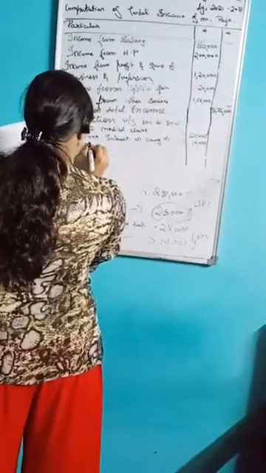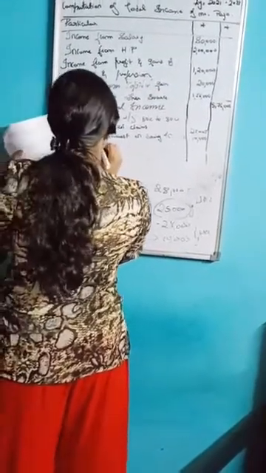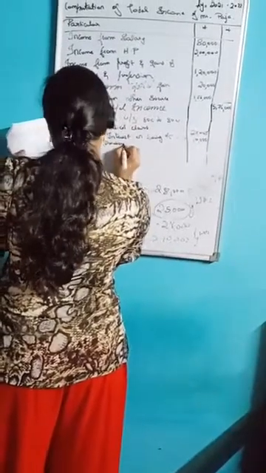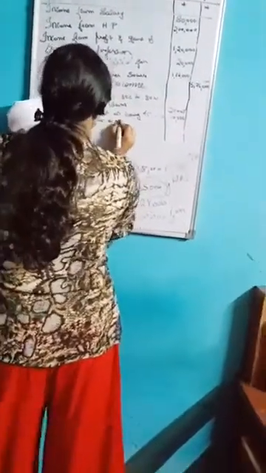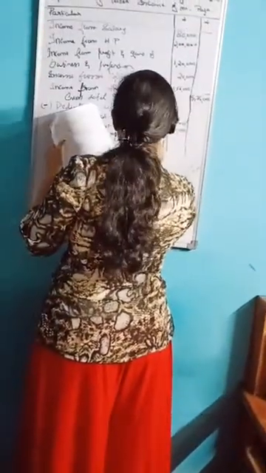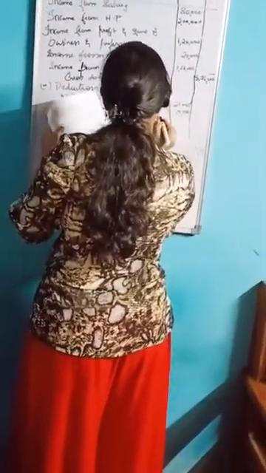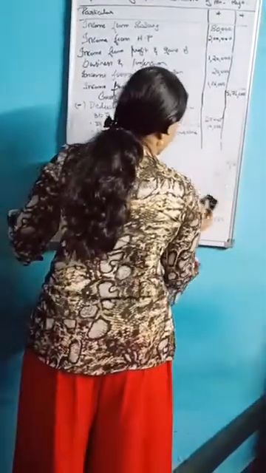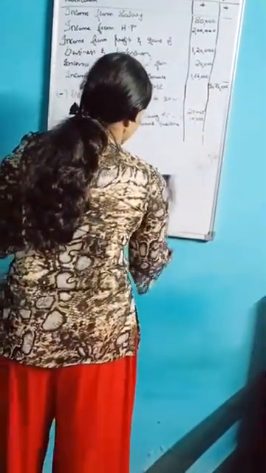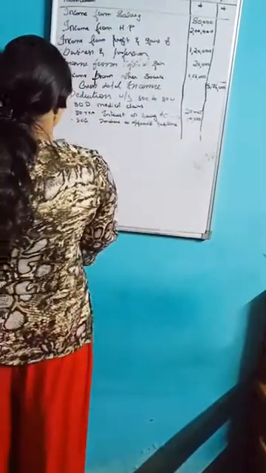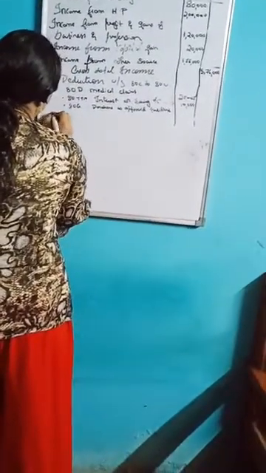So from here you should calculate the donations to approved schemes. So working note, I'll write here.